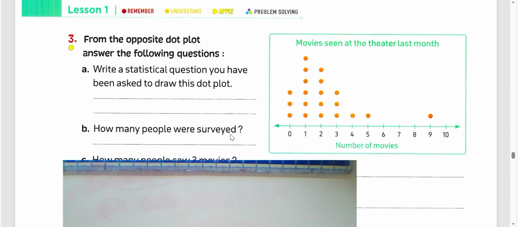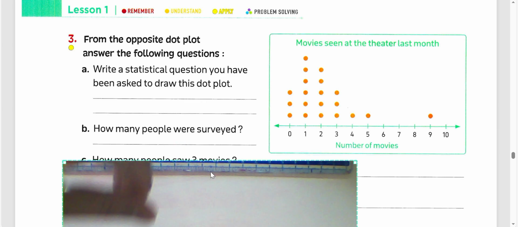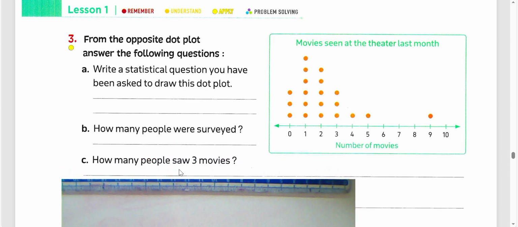How many people were surveyed? We can collect together the answer: 1, 2, 3, 4, 5, 6, 7, 8, 9, 10, 11, 12, 13, 14, 15, 16, 17, 18, 19, 20. 20 people. How many people saw 3 movies? It will be 3 people.